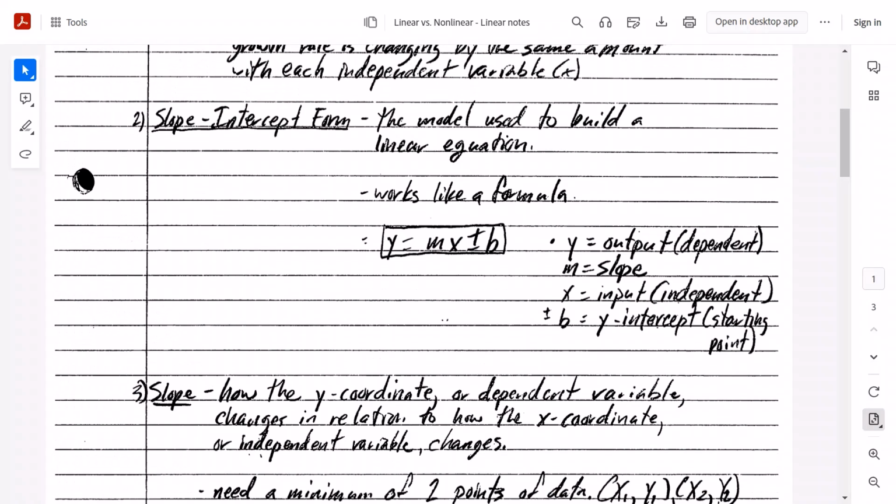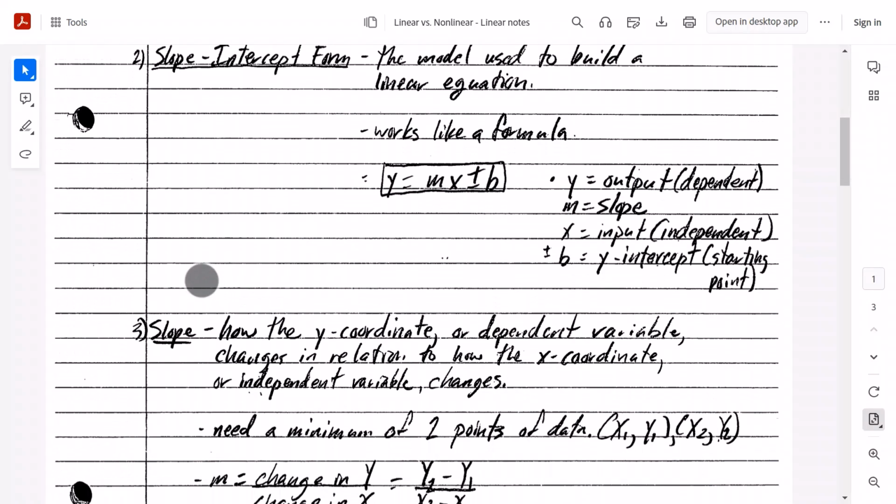Okay, slope-intercept form. Like we said, that's the model used to build a linear equation. It works like a formula. So it's not really a form like fraction form, percent form, decimal form, so much as it is something that you can actually use to get calculations out of.